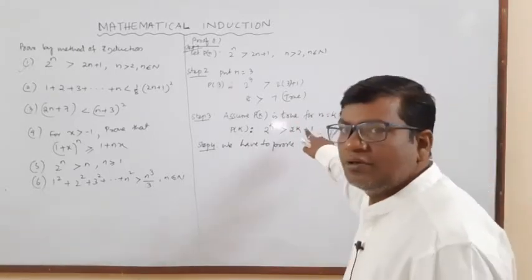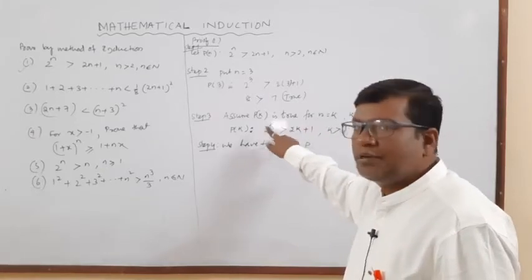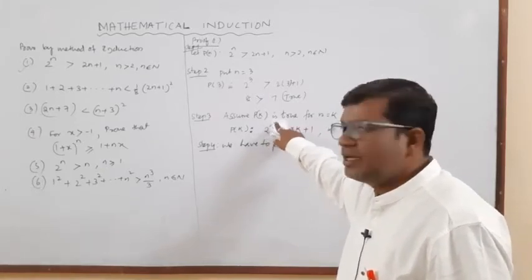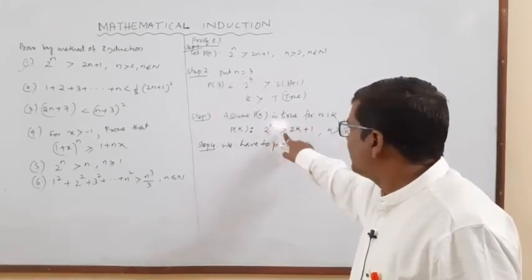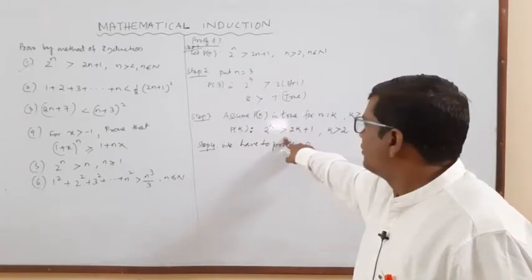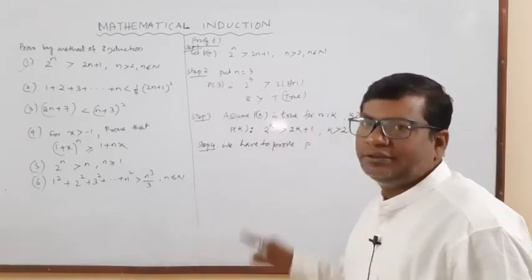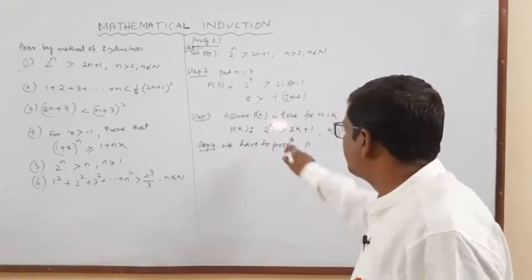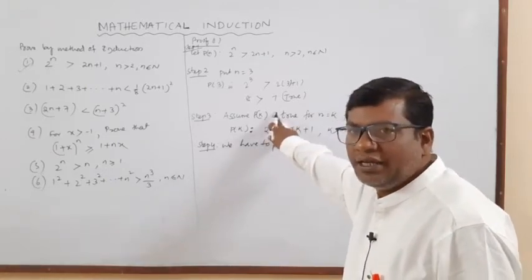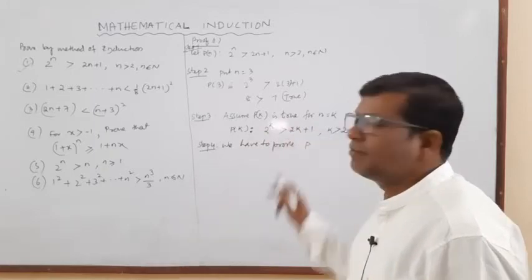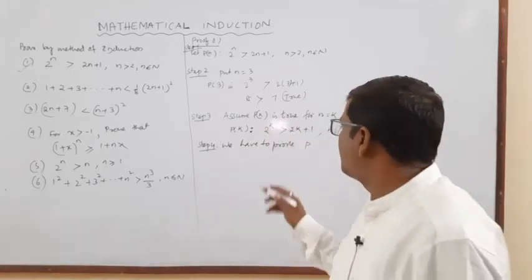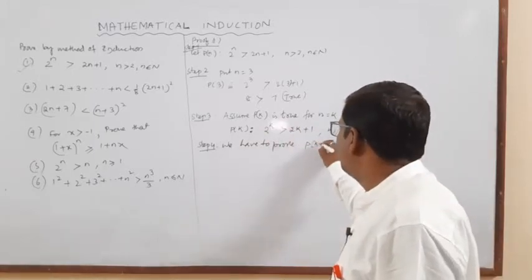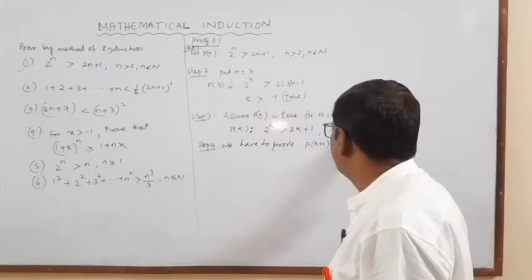This is the focus here, so let me repeat again: 2 to the power k greater than 2k plus 1 is the focus portion here. Now we have to prove P(k+1) is true.